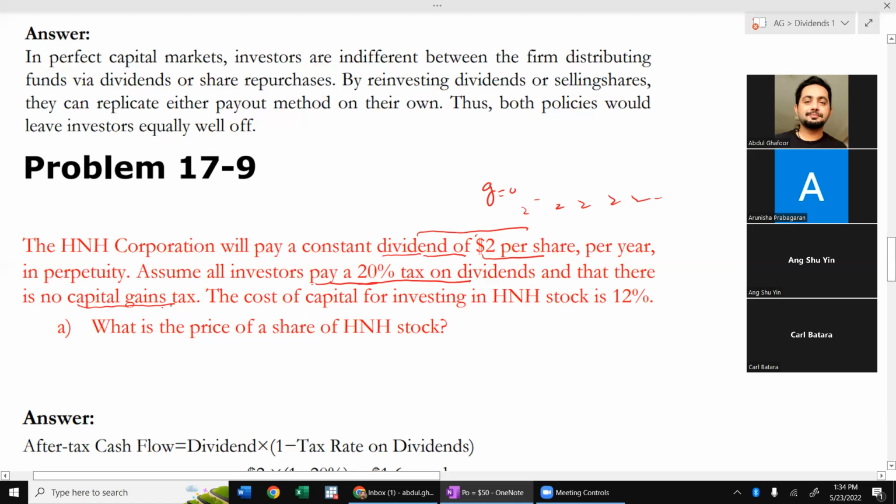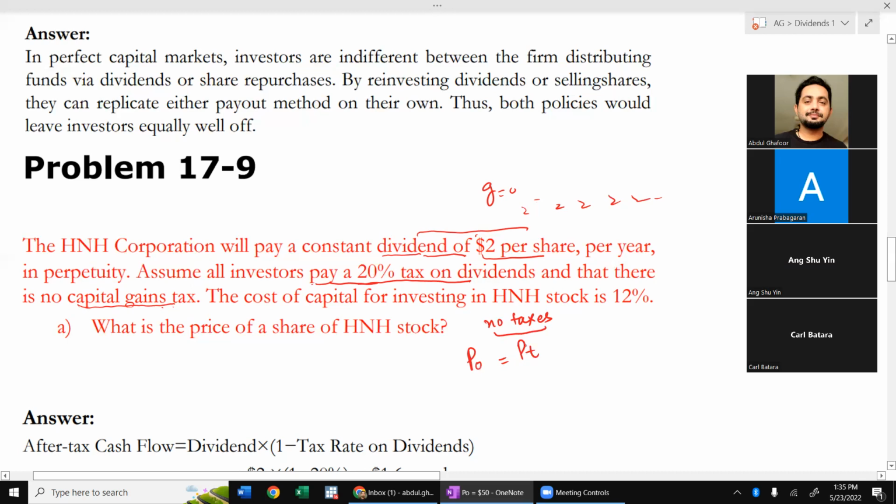Why do we need this information? Because if we know the price before and after, and there are no taxes, and the company does the share repurchase, then P should be equal to P_T. That is why this information is very important.